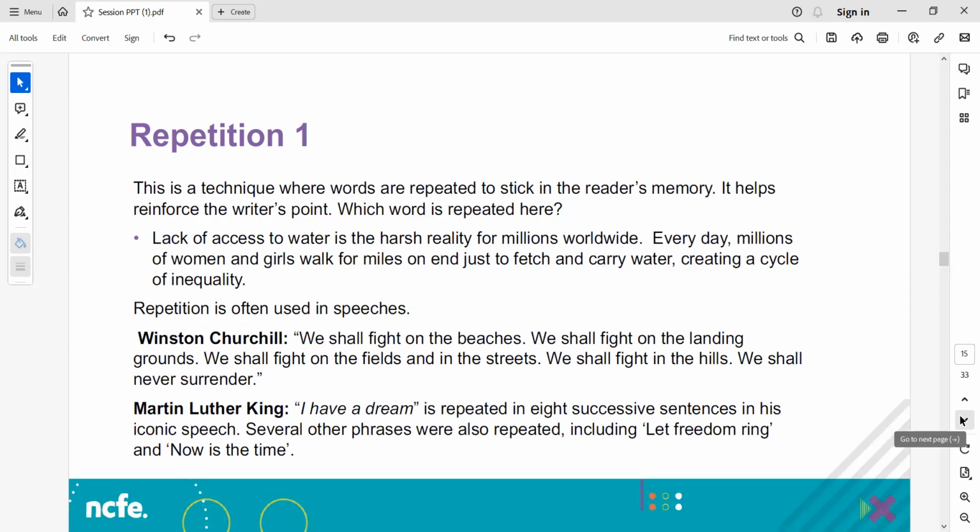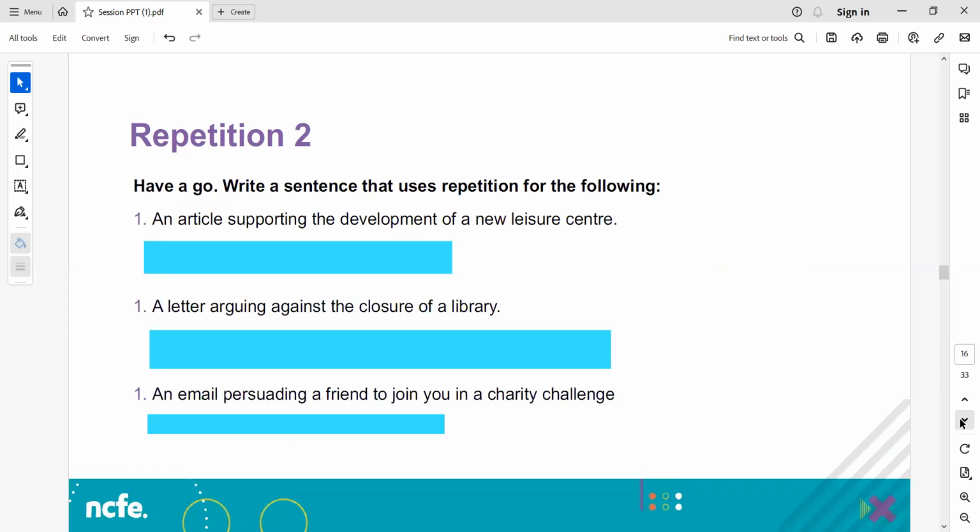So that repetition lets the reader know how strongly the writer feels about it, and it reinforces the writer's point. So repetition is a good technique for reinforcing your point, which in turn you are doing because you want to persuade the reader of how valid your point is, and you want them to agree with it. You're trying to persuade them.